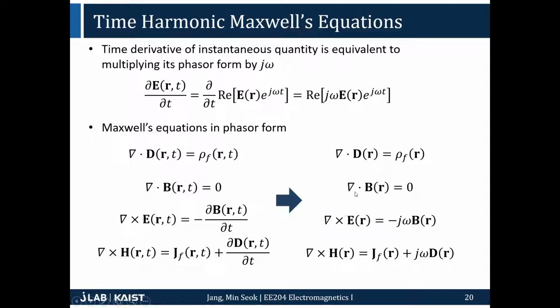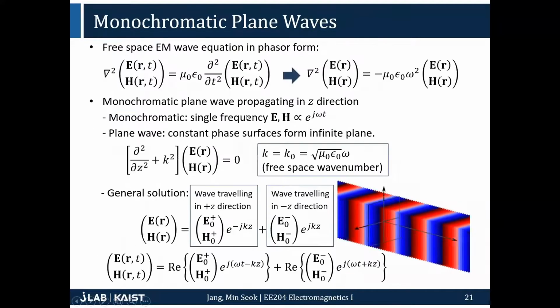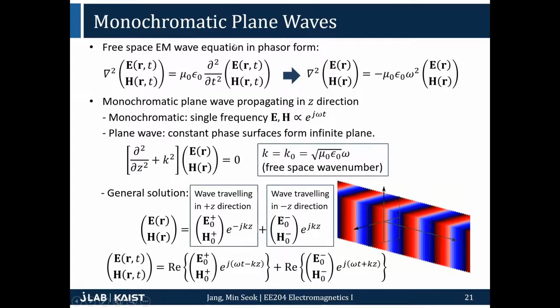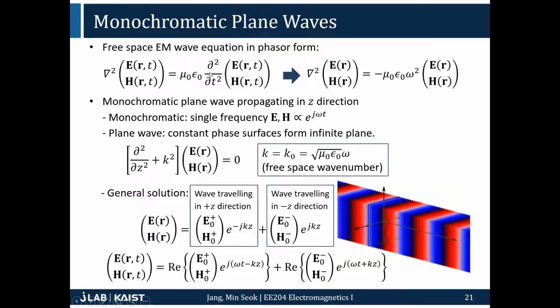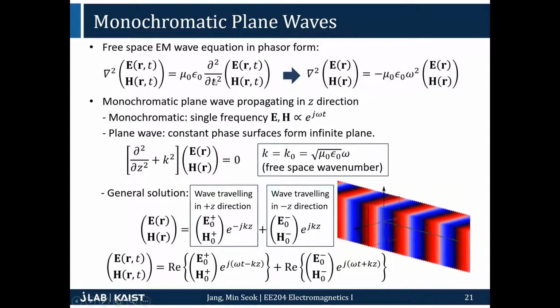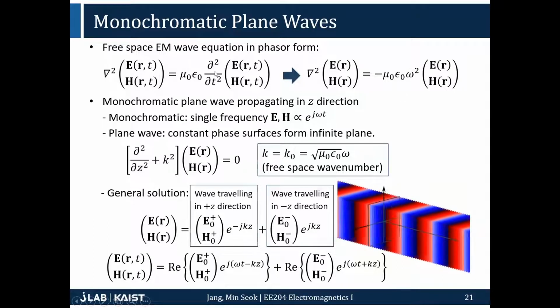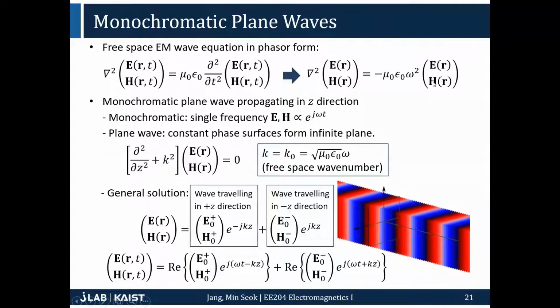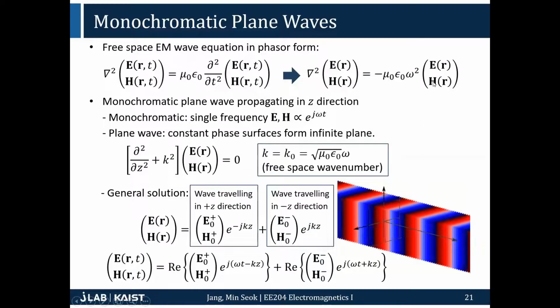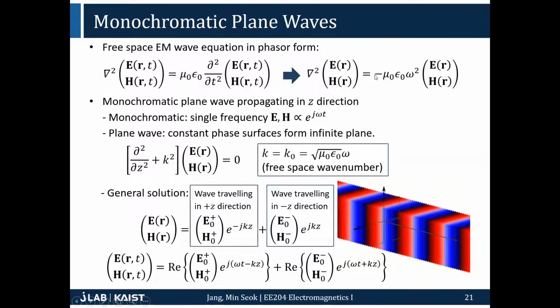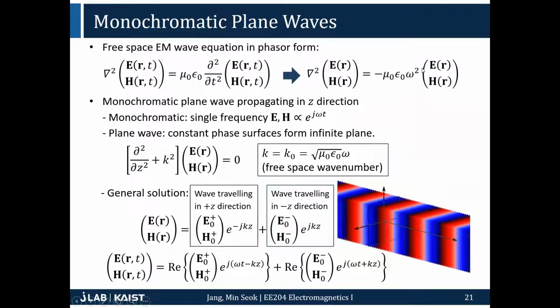Okay, now let's play with this new set of equations. The free space electromagnetic wave equation now becomes, because it involves a second order time derivative, j omega times j omega, two time derivatives. And then j times j becomes -1, and then omega squared.